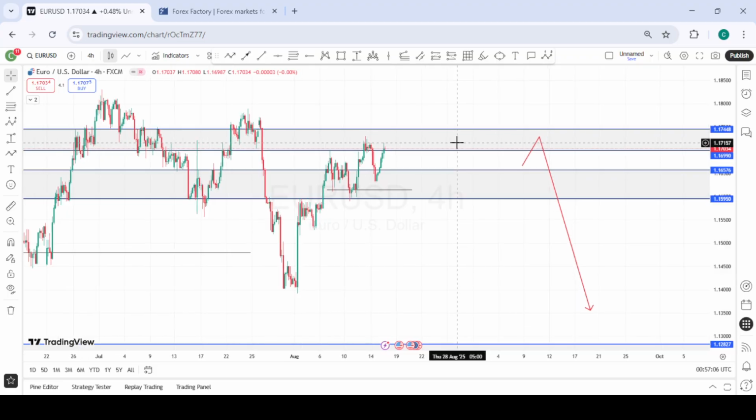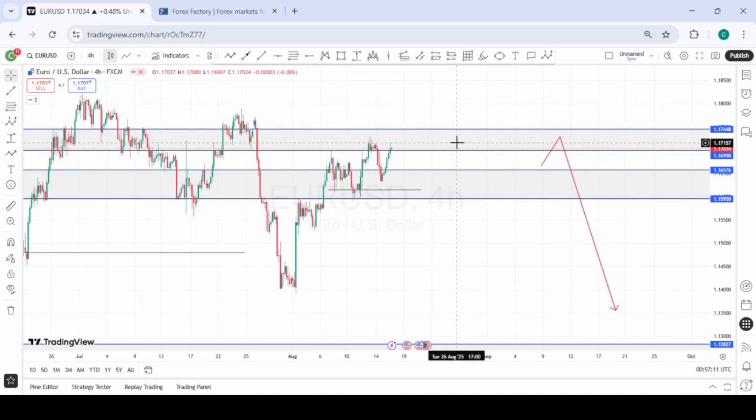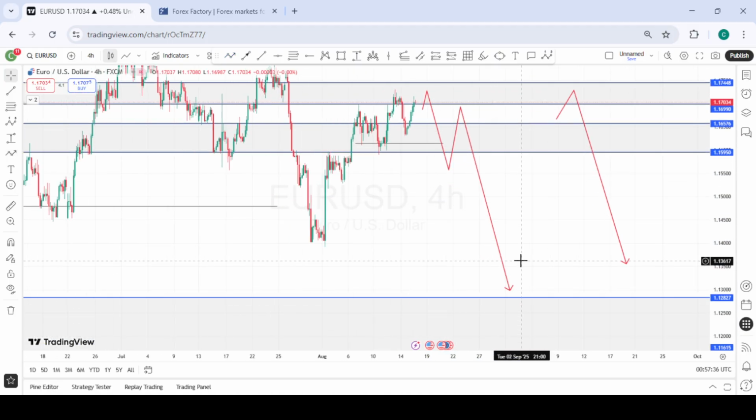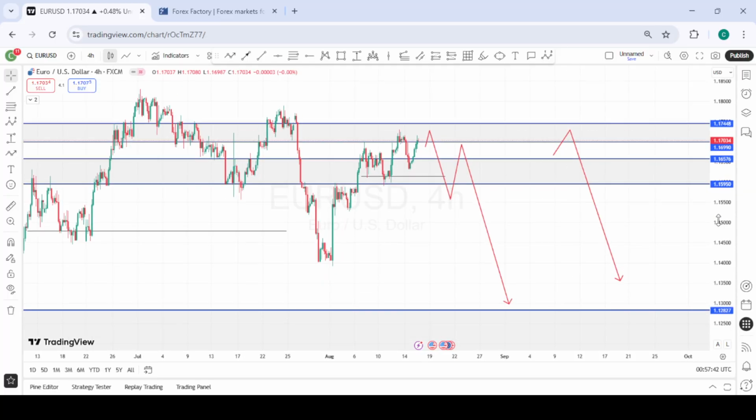For us to be convinced that Euro USD is going to go bearish, we'll be expecting a possible reaction from this zone, maybe a double top formation, break this 4-hour structural low, give us a pullback, whether to this structural low or a deeper pullback upwards, to form something like a head and shoulders. Then we get our sells to the downside to complete this sell move we have been anticipating for weeks now. So I'm neutral on Euro USD.